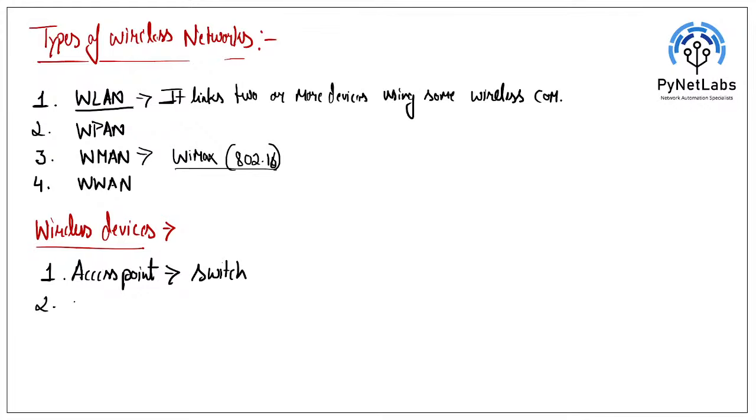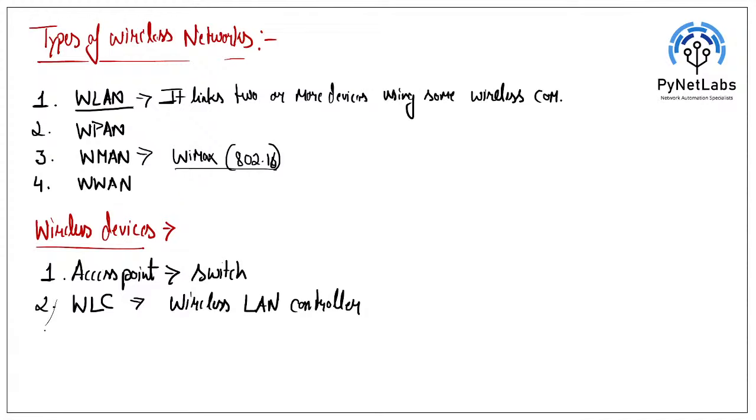Then the next we have is the WLC, which is wireless LAN controller. So whenever we are talking about this wireless LAN controller, it is going to manage all the access points basically.